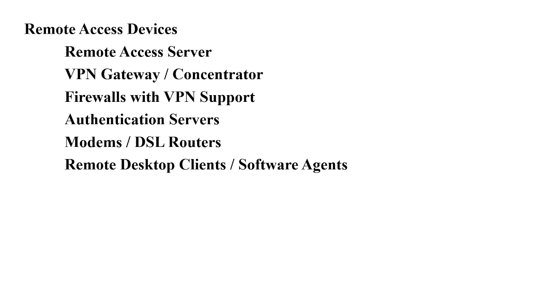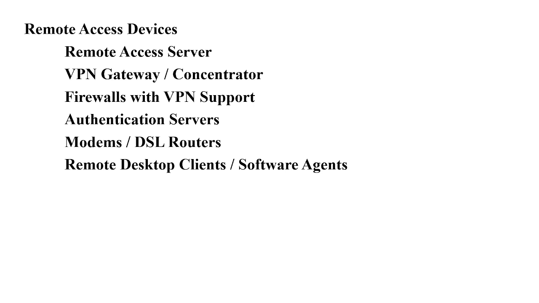And the final device is called the remote desktop client. To connect to the remote machine, we have remote desktop client software, or you can call it software agents. It is installed on the endpoint, that is, on the client machine, for connecting to remote machines.